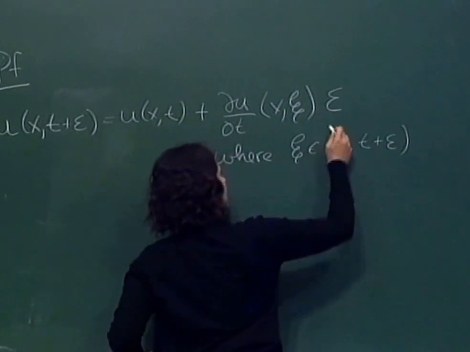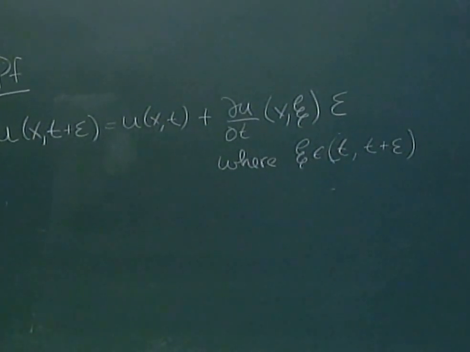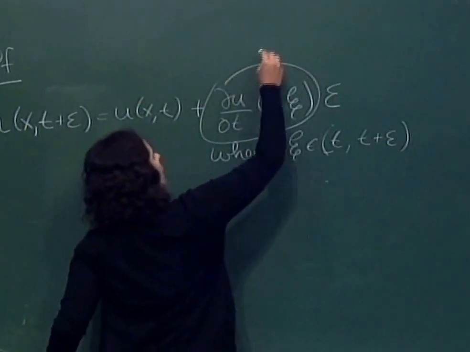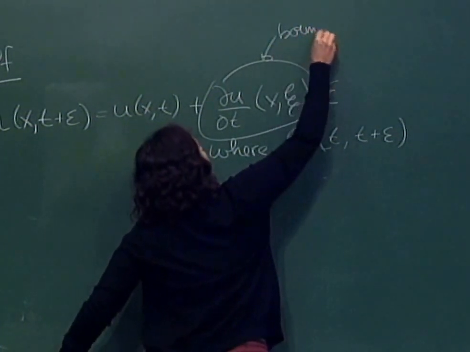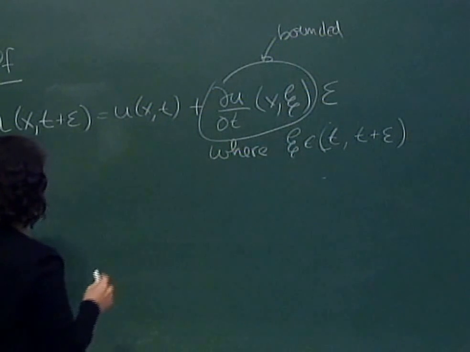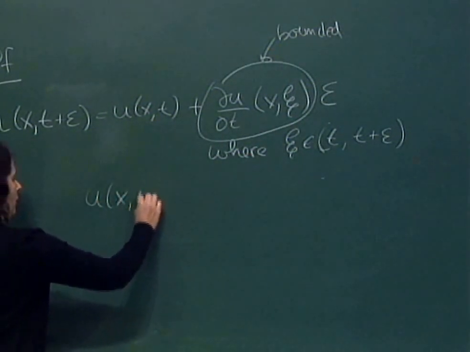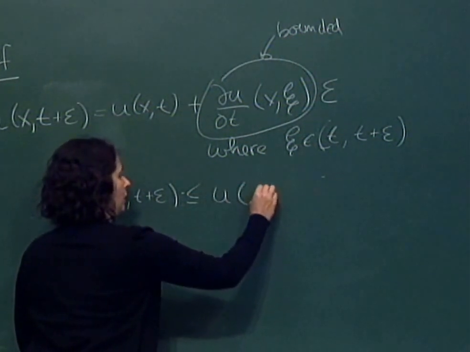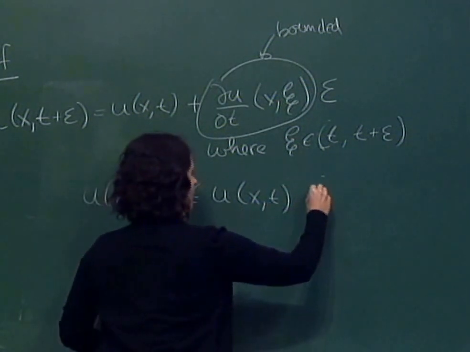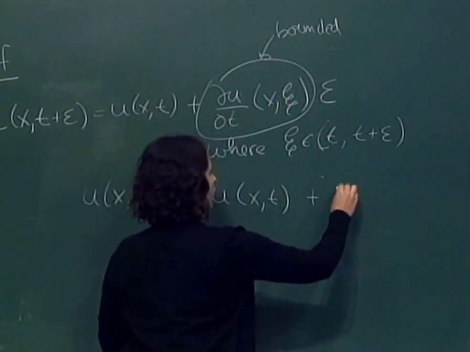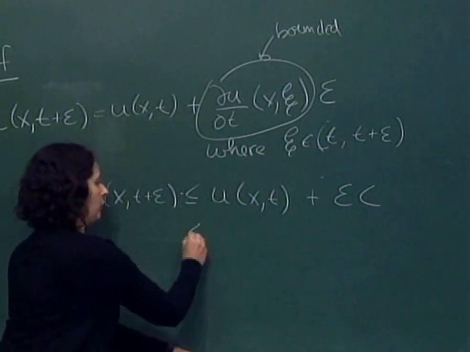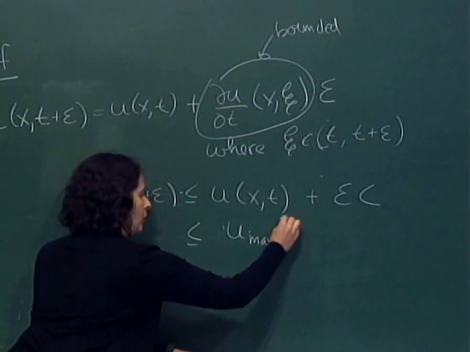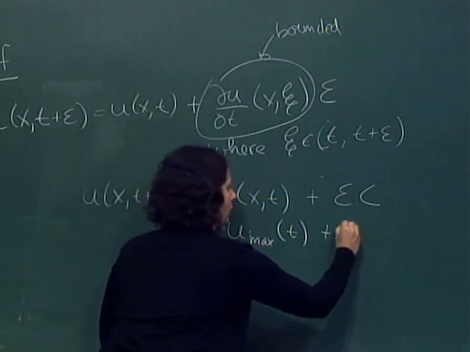But then what you can say is that if this is bounded, then u of x, t plus epsilon is u of x, t plus epsilon times some constant, and this is by definition less than u max of t plus epsilon times c.